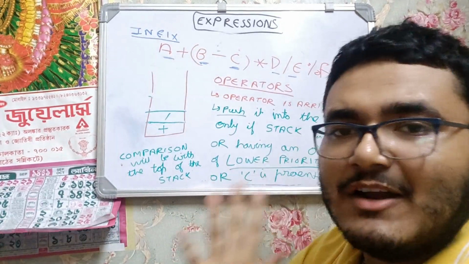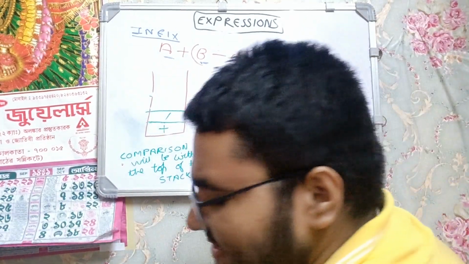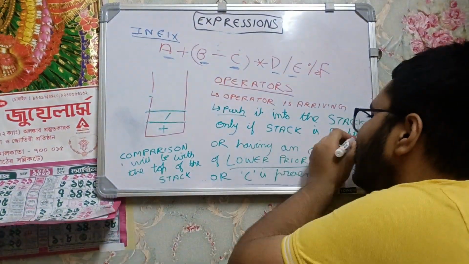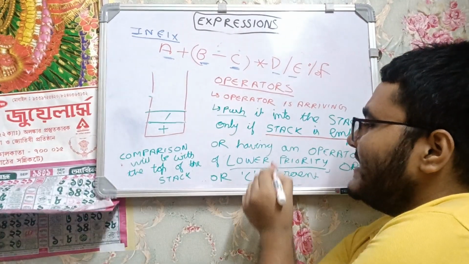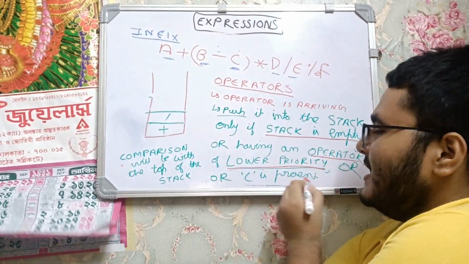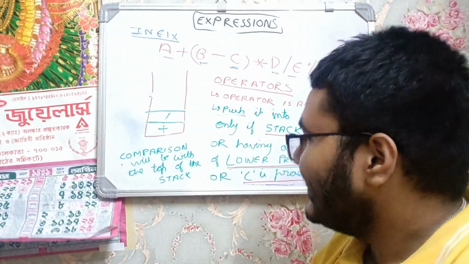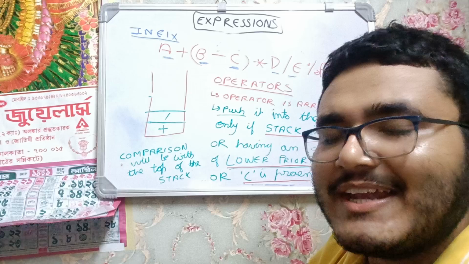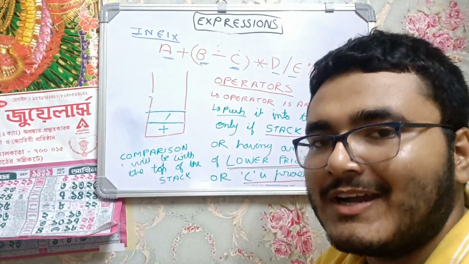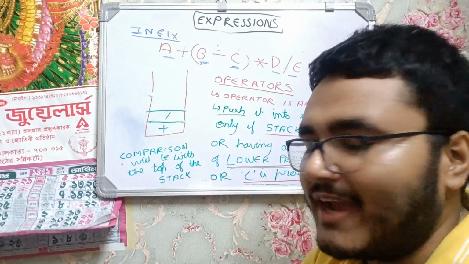Now, these are the conditions. If the stack is empty, or has an operator of lower priority, or a left parenthesis is present, only in that case will the arriving operator be pushed in the stack.